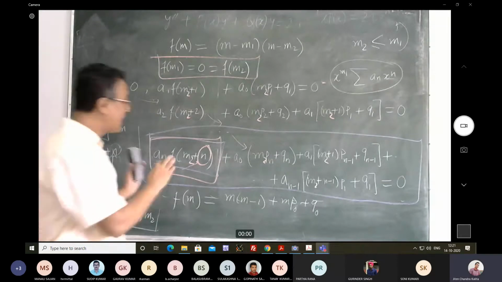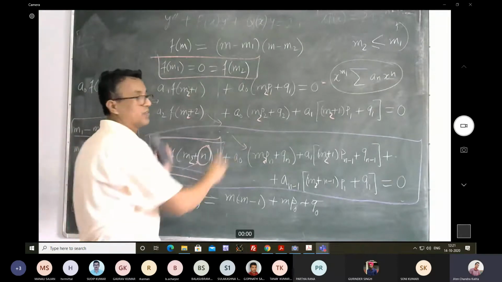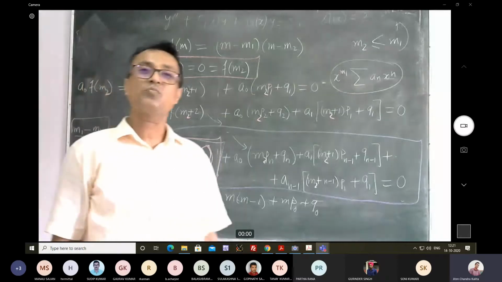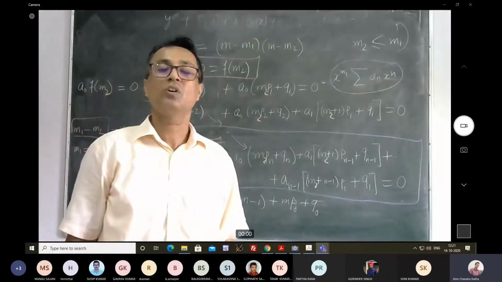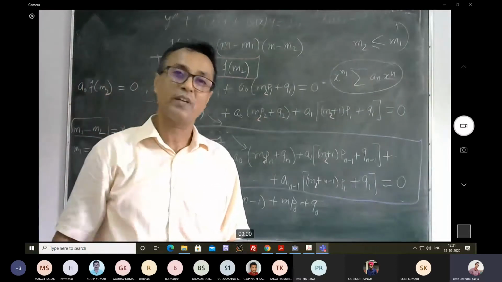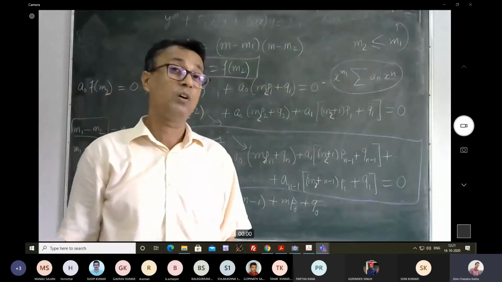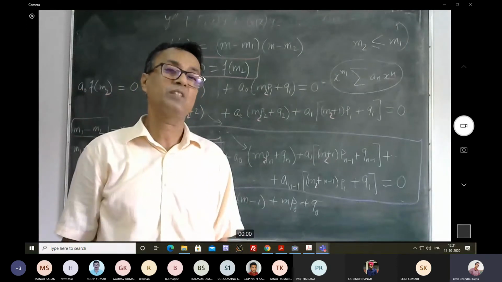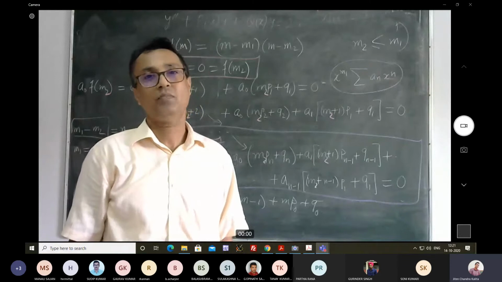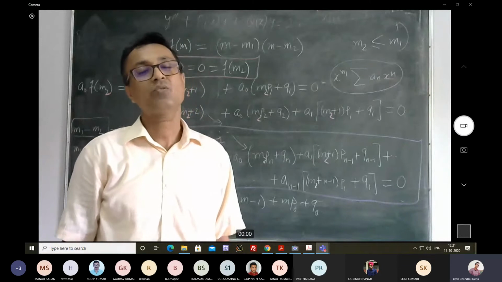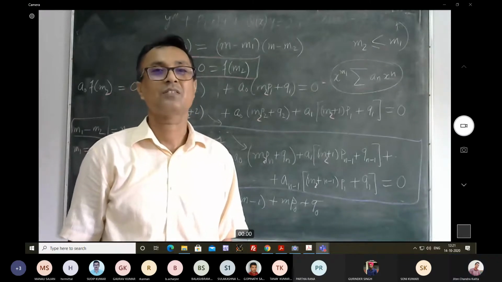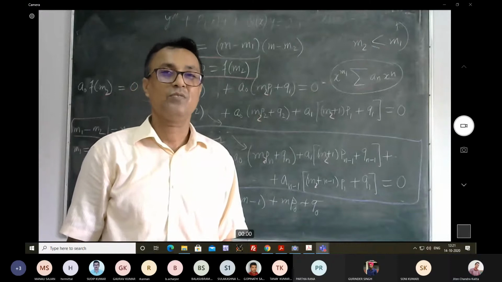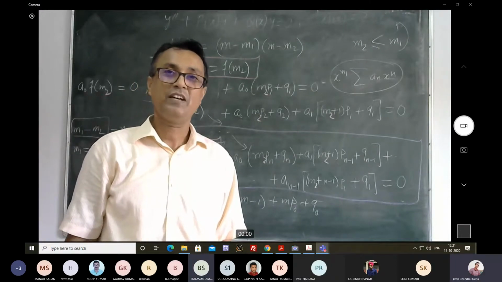So that means I have a problem with this equation. When the difference between m1 and m2, of course I am assuming that m1 is greater than or equal to m2, is a positive integer, then I am in trouble. Okay? Fine.